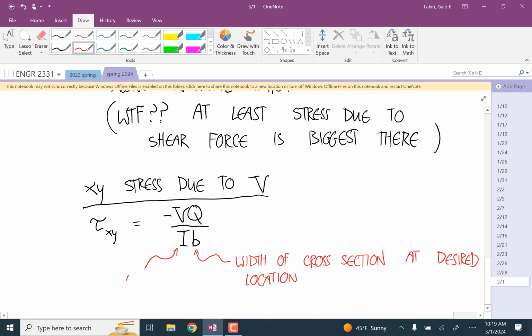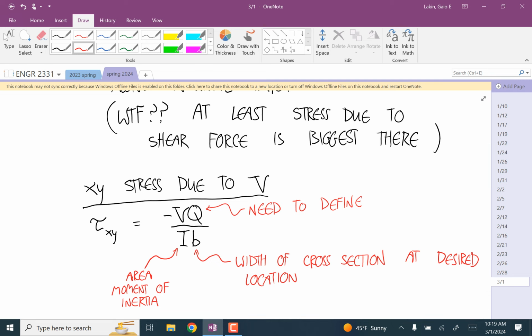This is the area moment of inertia. And this we need to define. I don't know any other name for it except Q, but I'm sure it has some name.